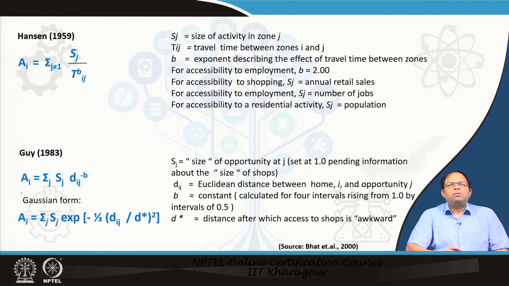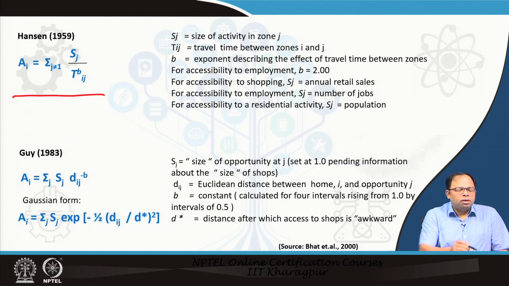Now, let us look at some of the equations developed by others who have developed this form of gravity measures for accessibility. For example, Hansen has developed this particular measure where Ai is equal to summation Sj divided by Tij to the power B, where Sj is the size of activity in zone j, which we can call an opportunity, and Tij is basically travel time between zones i and j.